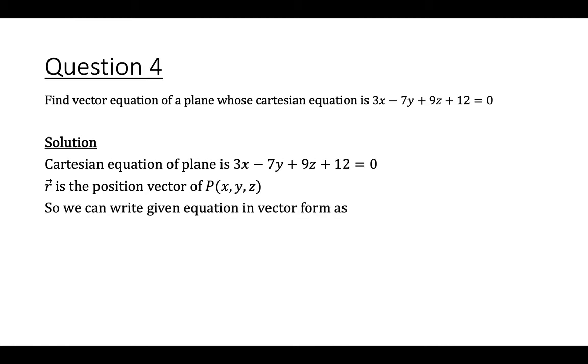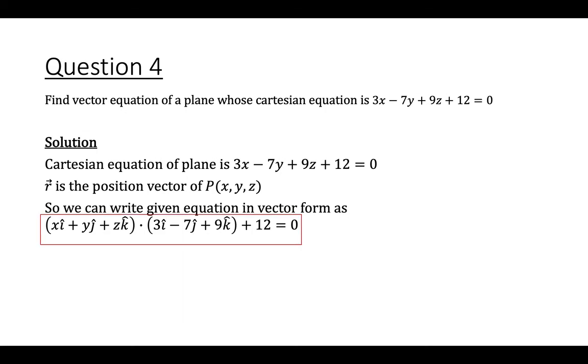So we can write (xi plus yj plus zk) dot (3i minus 7j plus 9k) plus 12 equal to 0, and the vector equation is vector r dot (3i minus 7j plus 9k) plus 12 equal to 0.